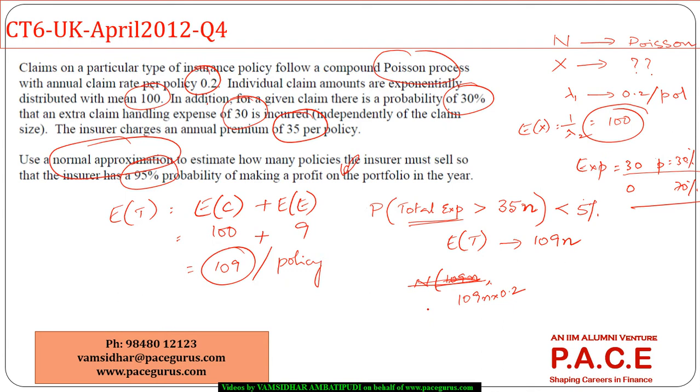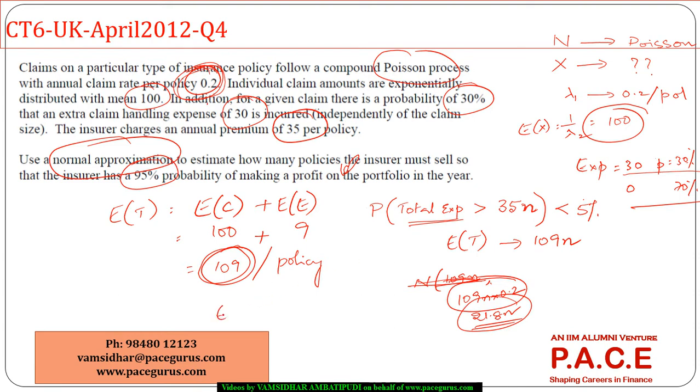This is the expected value of the total claims, which comes out as 21.8n. This is right, because this is the expected claim per policy, and if I multiply it by the number of policies, it is 0.2 times n. So that's the reason I am getting 21.8n. Let me get into the variance as well.